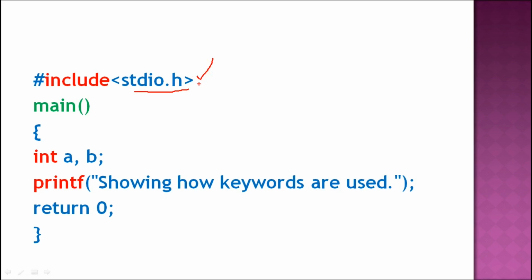This is the predefined library in C, standard input output, and the compiler already knows about this library and what to perform. Okay, it is the main function of the program. That means the program will be executed within the main function only.